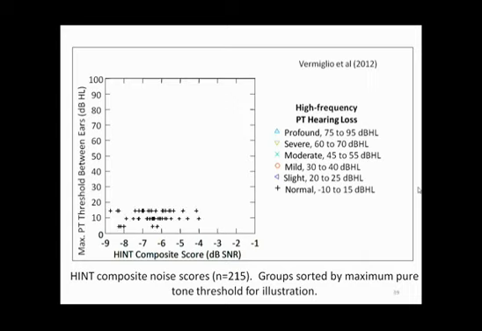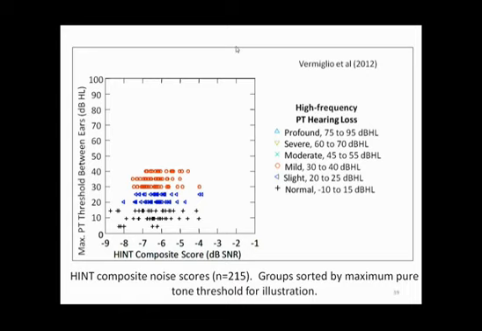Here are our subjects with normal pure tone thresholds, 15 dB or better, and here's our group with the slight loss. So we would expect to see that as the subjects have poorer and poorer high-frequency hearing, you'd expect to see poorer and poorer speech recognition in noise ability.